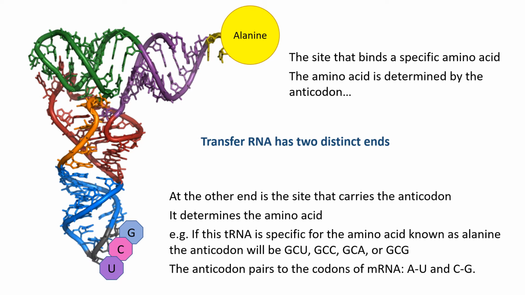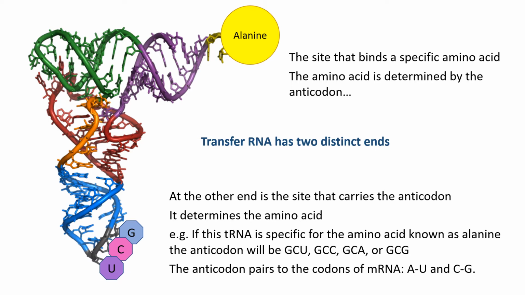So we have three little binding sites for specific codons. That sequence of nucleobases determines the amino acid that can bind at the other end of transfer RNA. So if this transfer RNA is specific for the amino acid alanine, as I've got at the top there, the anticodon could be GCU, GCC, GCA, or GCG.